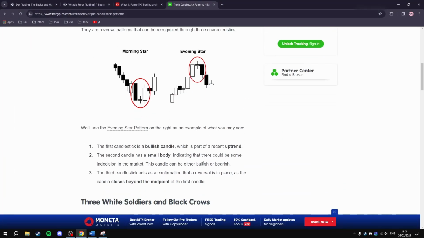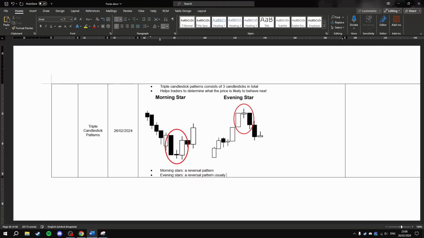We'll use the evening star pattern on the right as an example of what you may see. Usually found at the end of a trend.